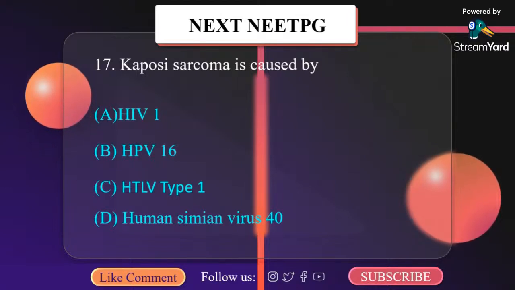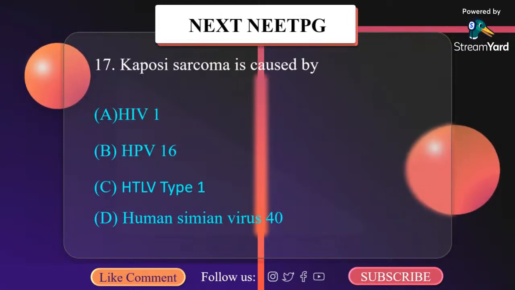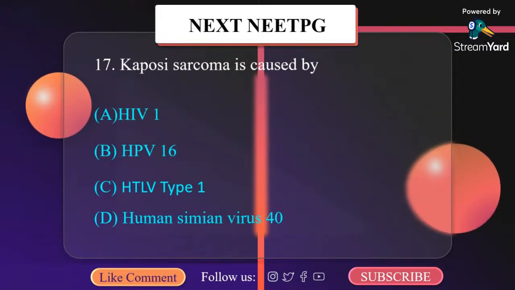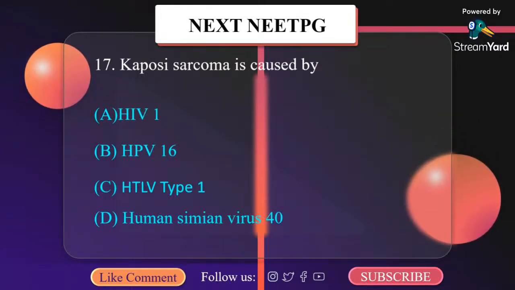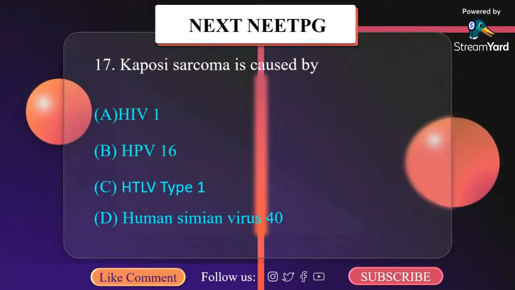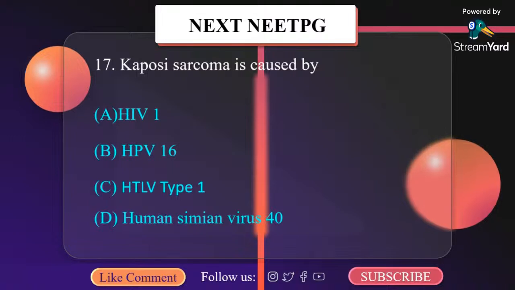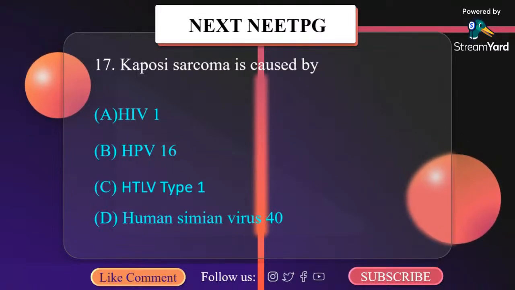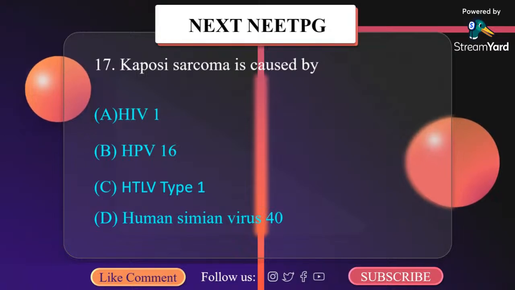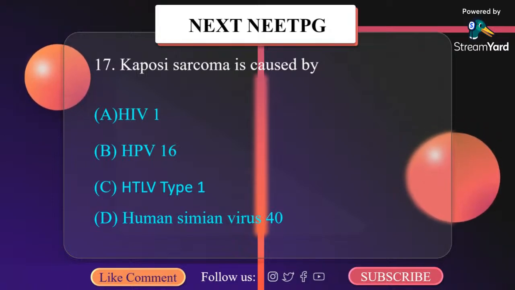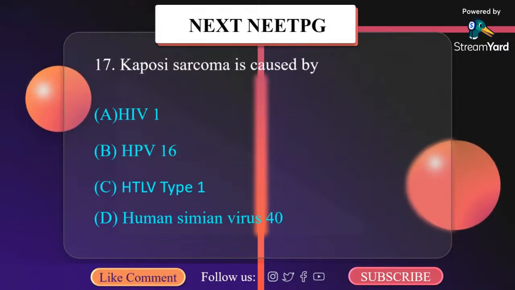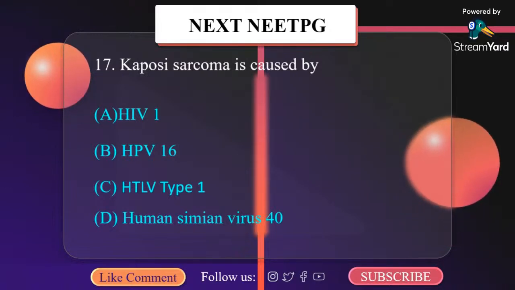Kaposi sarcoma is caused by A. HIV-1, B. HPV-16, C. HTLV type 1, D. Simian virus 40. So the correct answer here is A. HIV-1. HIV type 1 causes Kaposi sarcoma, HPV 16 and 18 cause cervical and anal cancer, HTLV type 1 adult T cell leukemia, H. pylori gastric cancer, Schistosoma haematobium carcinoma urinary bladder, Opisthorchis cholangiocarcinoma.